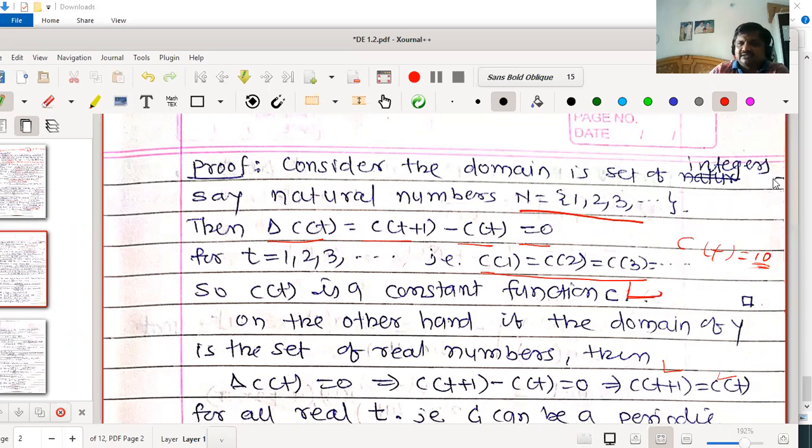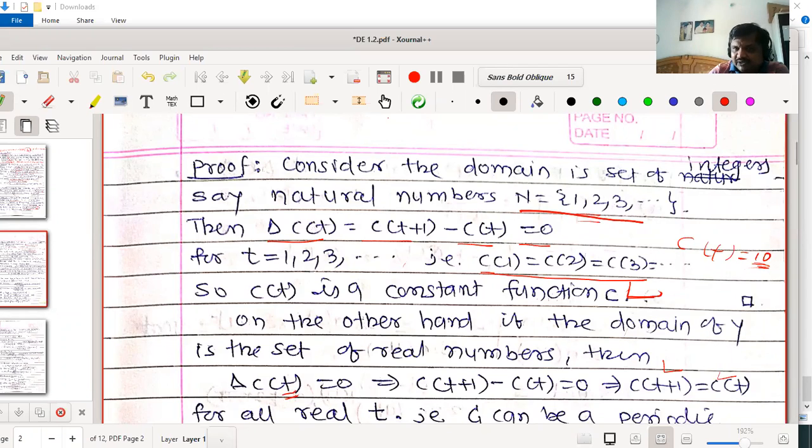Sine and cos functions are periodic functions. We know that. I will take one example where C of t plus 1 equal to C of t, but it is not a constant function. Why will that happen? Because here we have t considered as the set of real numbers, and there t is considered as the set of natural numbers.